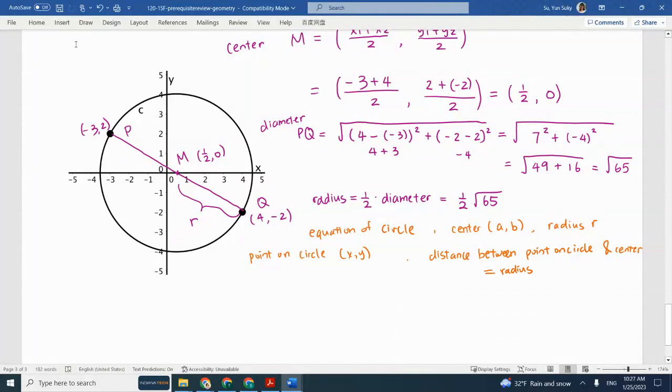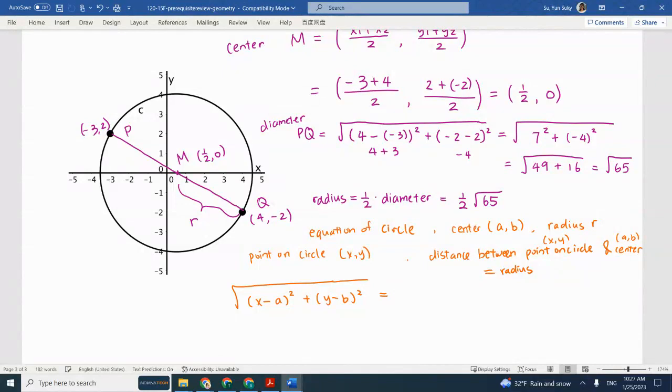So what's the distance between the points? Well, the point on the circle is x comma y, and the center is AB. Therefore, the distance between the points on the circle and the center AB, using the distance formula, is the square root of x minus a squared plus y minus b squared.